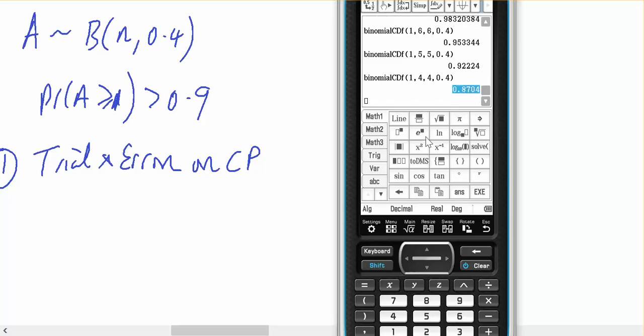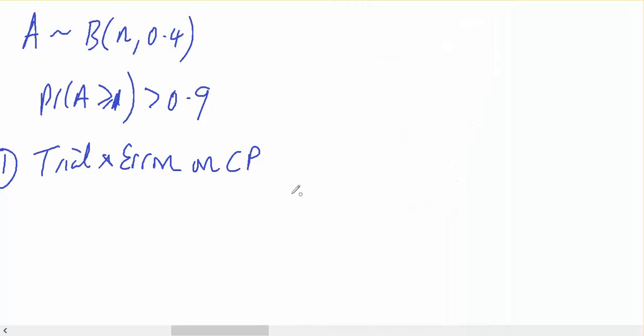And 4 was too small. 5 is big enough, so you would need to buy 5 avocados because that would give you 92%, whereas 4 avocados is only 87%. So 5 avocados are needed.